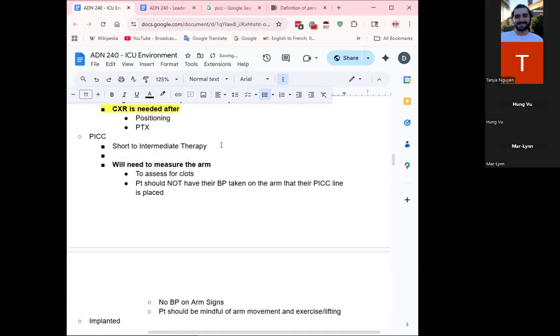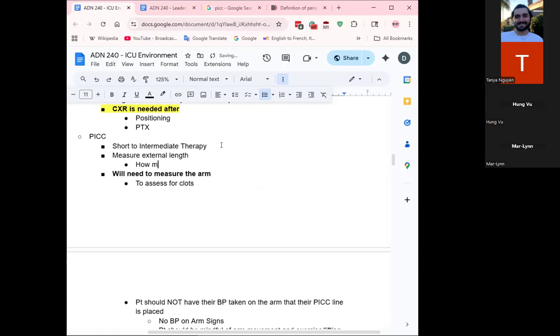For your central line insertion, one of the things you're doing is keeping track of the external length, the same as with your NG tube. So you're measuring the external length, keeping track of it, and documenting it. Then you're checking how much has been pulled out or pushed in from movement or anything that might cause that to happen.